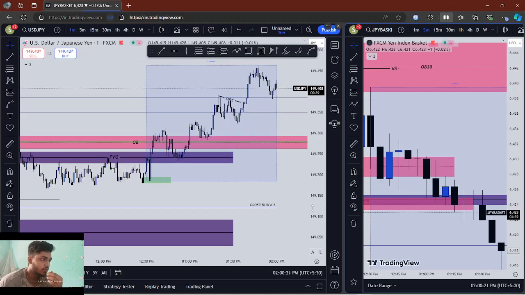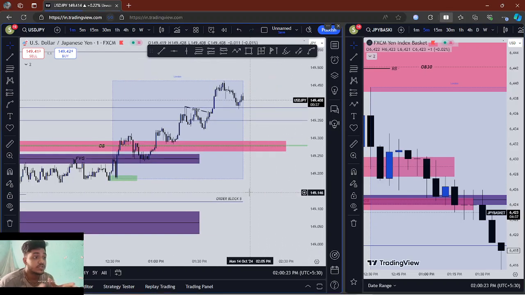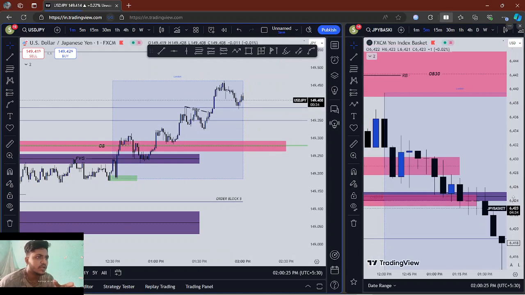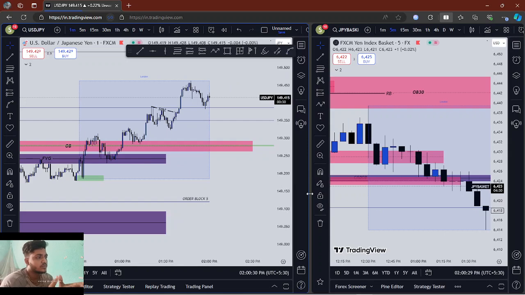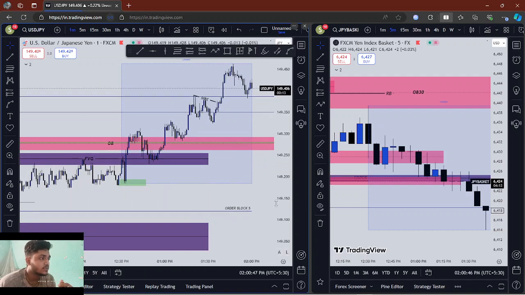So I did as well, and today I wasn't able to take any trade, but I observed the market and waited for the market to give me any opportunity to enter. My overall bias was right, but my overall approach, the way I was trying to approach the market, was a little bit wrong.